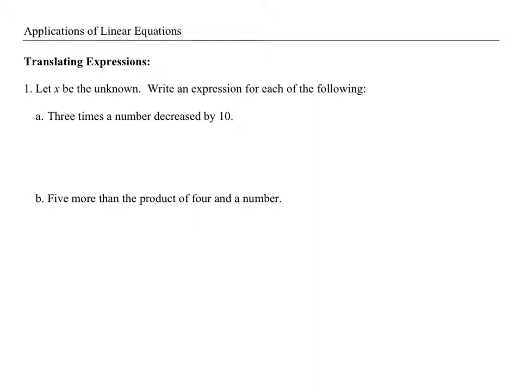3 times a number decreased by 10. Well, a number is always represented by a variable, x, n. So in this case, I'm going to let x equal the number. Okay, and now we could go ahead and translate this expression. 3 times the number would be 3x.